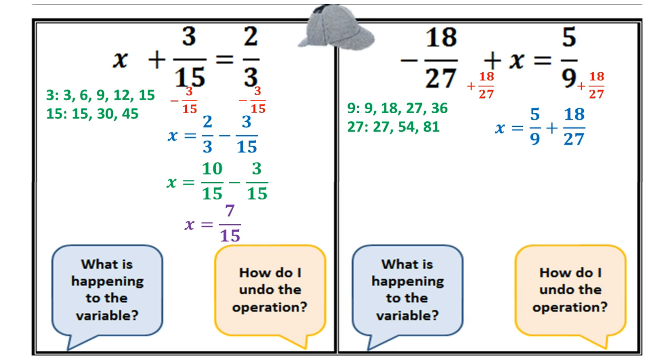One of them already has 27 as a denominator, so I just need to make 5/9 into an equivalent fraction with a denominator of 27. If I multiply 9 times 3, I get 27, so I also have to multiply 5 times 3 to give me 15/27. 15 plus 18 gives me 33.